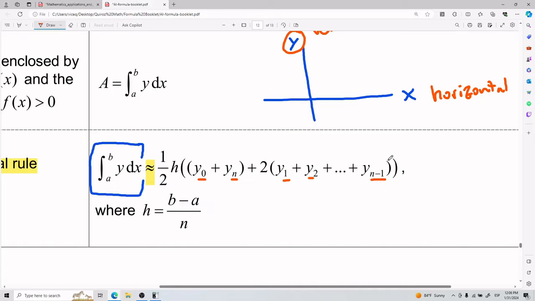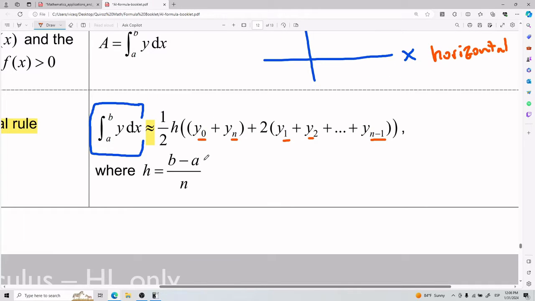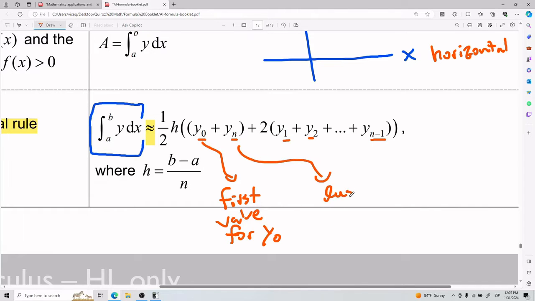I know that's like, okay, what's going on? Basically, y0 is your first value for y. This is important, so I'm going to write that down: y0 is the first value for y. That's why they call it y0. And yn is going to be your last value for y.